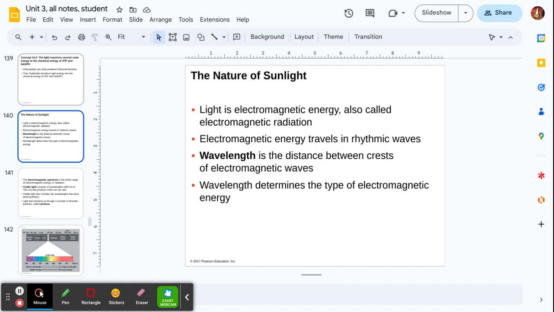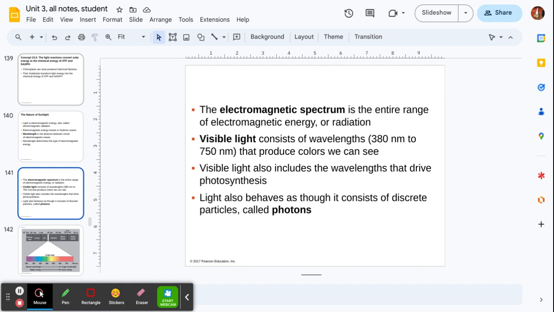And different light will have a different wavelength. So some of it will have more energy than others. And there's a lot of electromagnetic wavelengths. So we call that the electromagnetic spectrum. All sorts of either high frequency energy or low frequency energy.